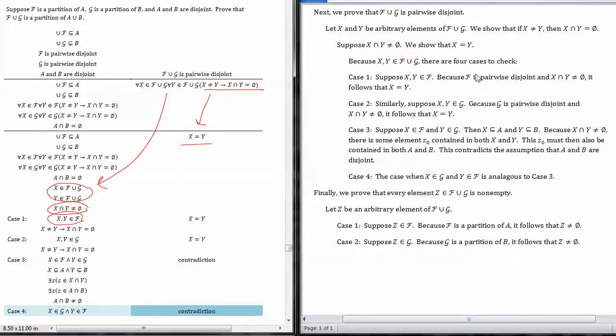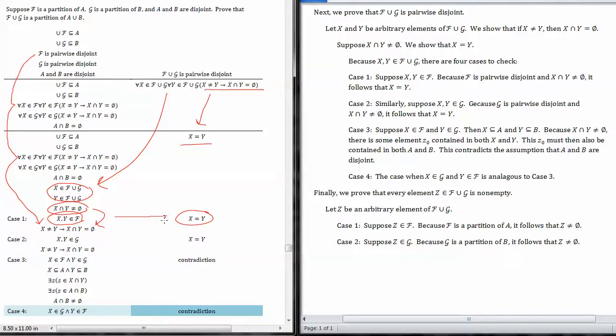And then because F is pairwise disjoint, which really what we're talking about is these statements here, where we could do universal instantiation to get this, and then, using modus tollens, this statement together with that conditional gives us that this antecedent is false, so we get x equals y.